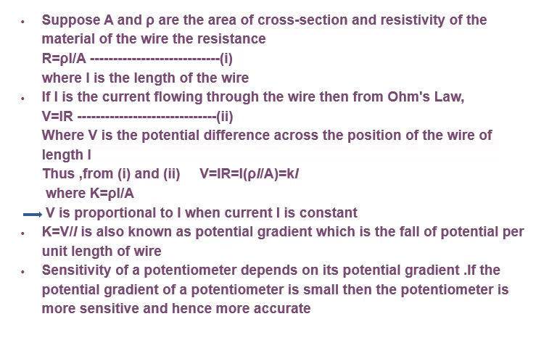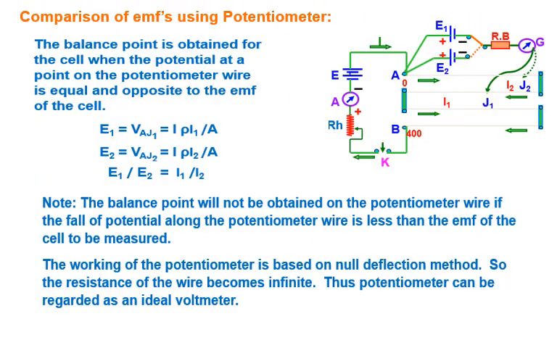The sensitivity, therefore, for a given potential difference can be increased by increasing the length of the potentiometer wire, and for a potentiometer wire of fixed length, the potential gradient can be decreased by reducing the current in the circuit with the help of a rheostat.